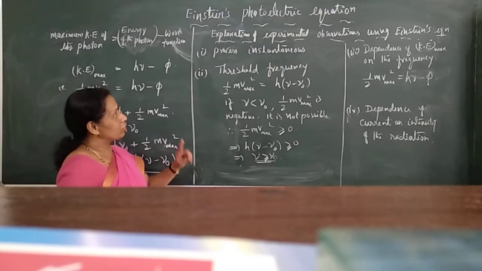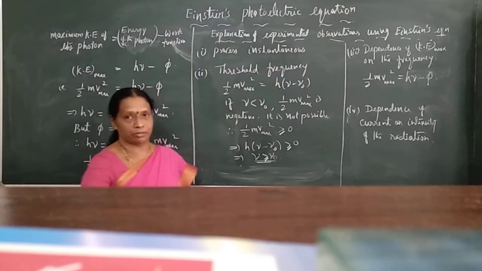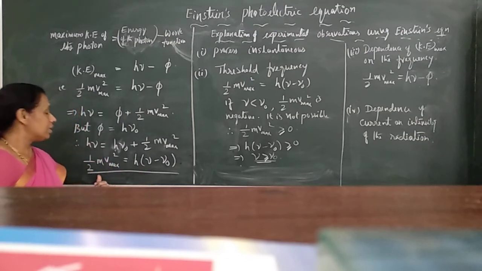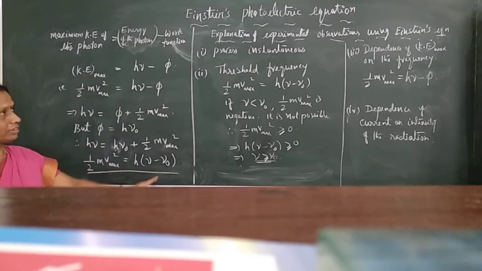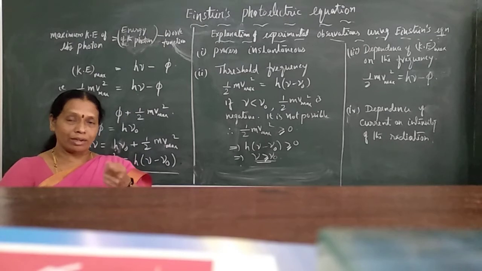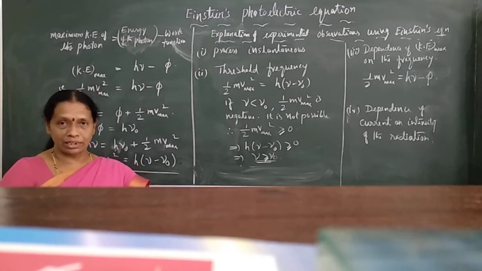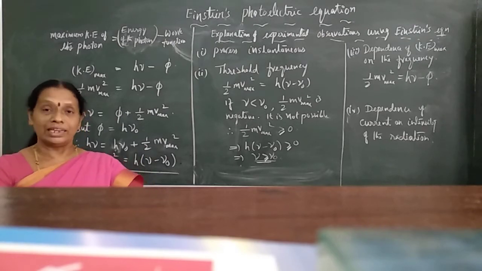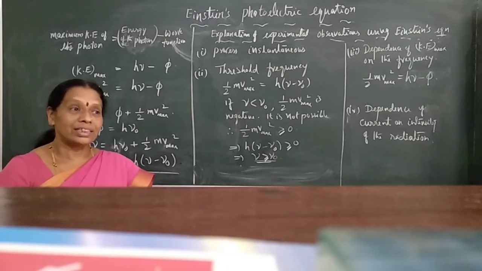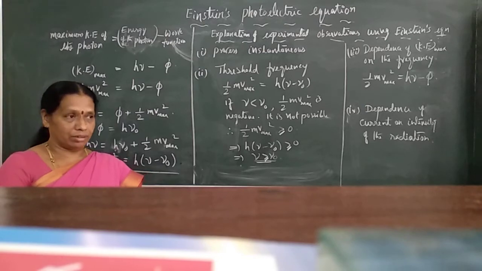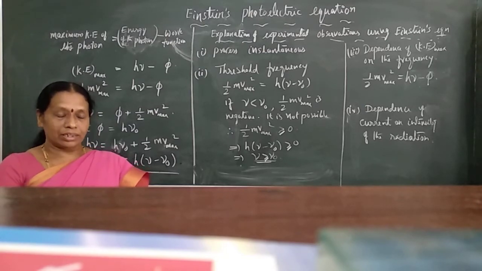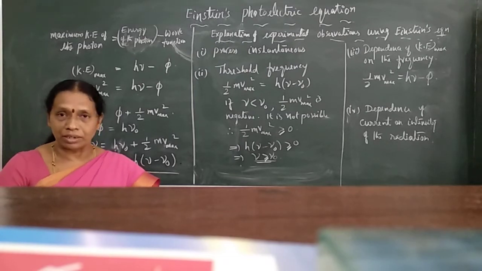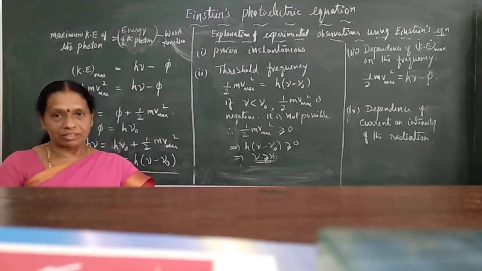Let me consider the first one, the process is instantaneous. This observation is explained by Einstein using this equation. Both electron and photon are microparticles, and when the photon falls on the electron and they collide, the emission of the electron is so fast that there is no time lag between incidence and emission.